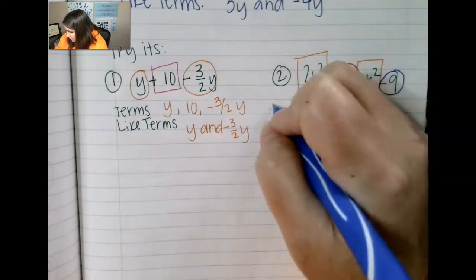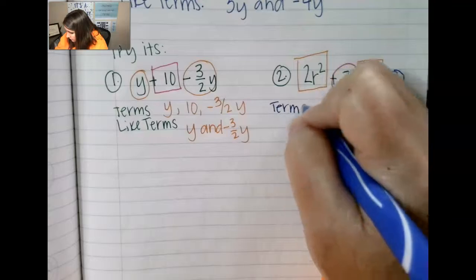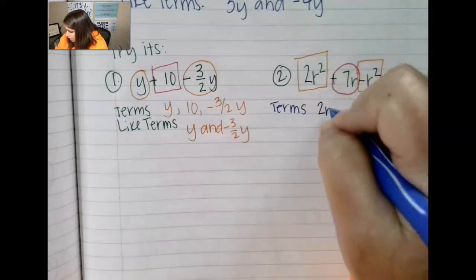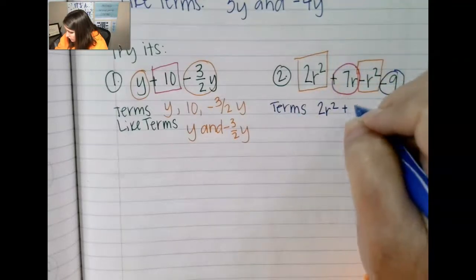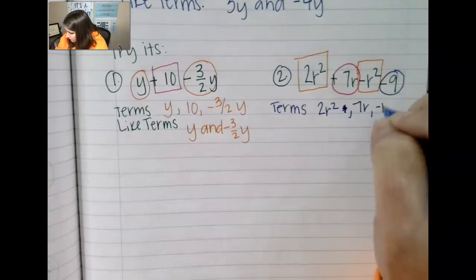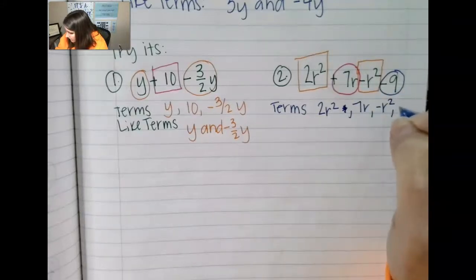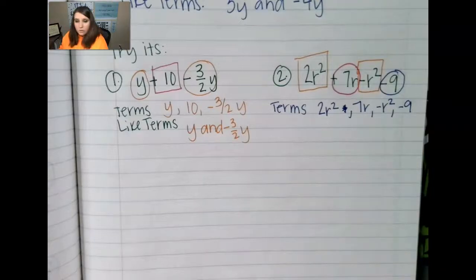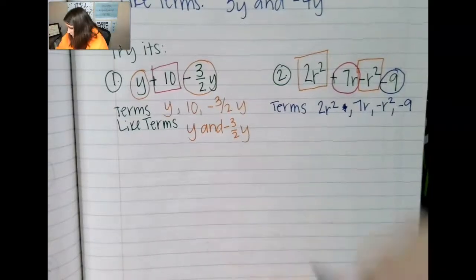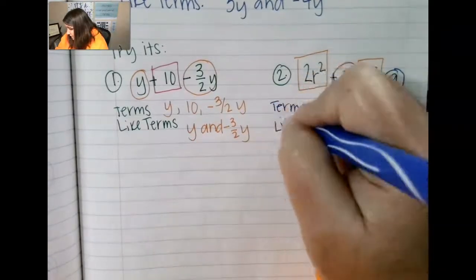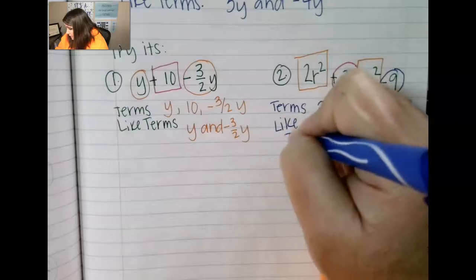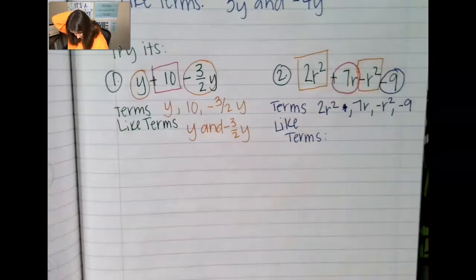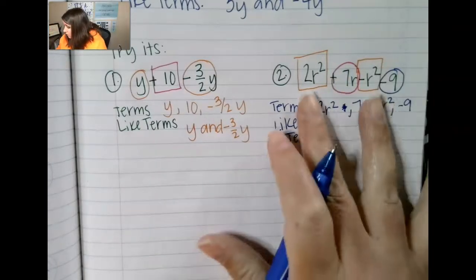So the terms are 2r squared, a 7r, a -r squared, and a -9. Those are the terms. The like terms, again, this one only has one set of like terms, and it is the one with the r squared.